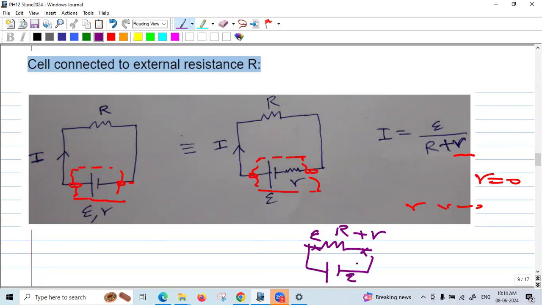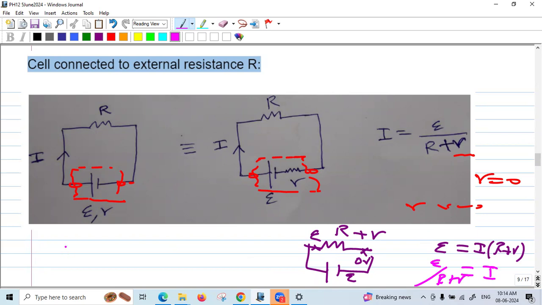At this point, if I take this as reference 0, the drop across this resistance is E and the current flowing is I. So using Ohm's law, I get E equals I into (R plus r). From this, I get the current I as E divided by (R plus r).